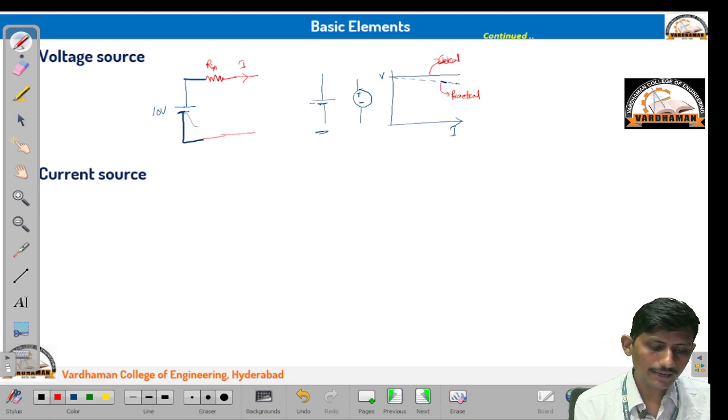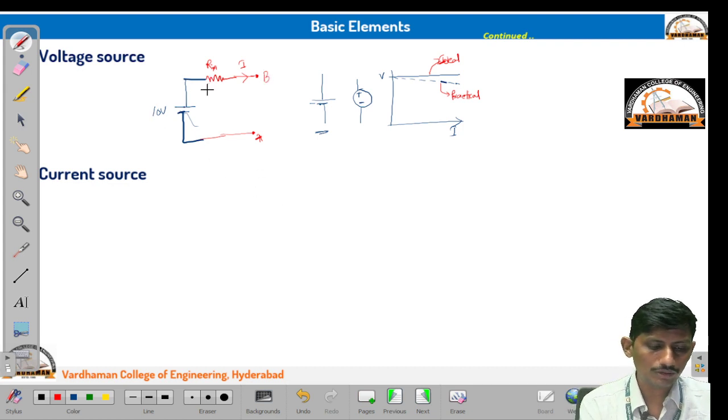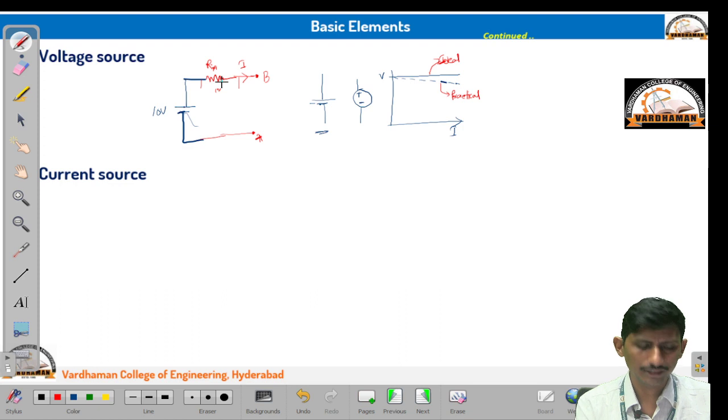So, the resultant voltage appearing across the terminals A and B will be less than 10 volts, because some amount of voltage is dropped across this resistance, something around, say for example, 1 volt. It is not in the range of 1 volt, something around 0.5 volts. As the current increases, this voltage drop also increases.